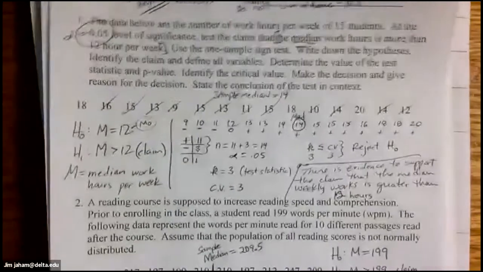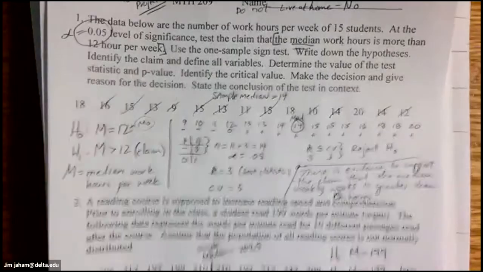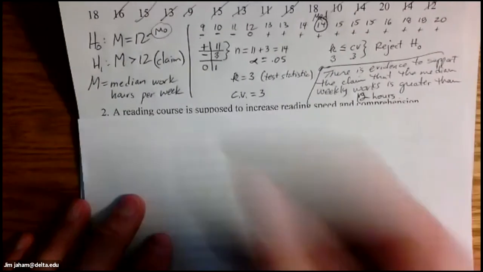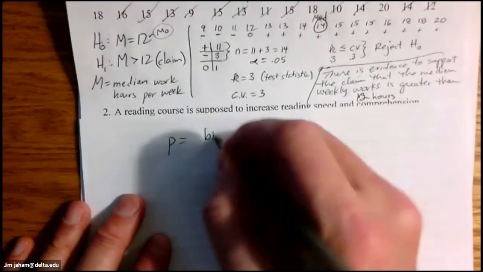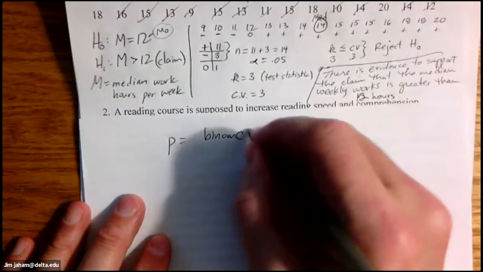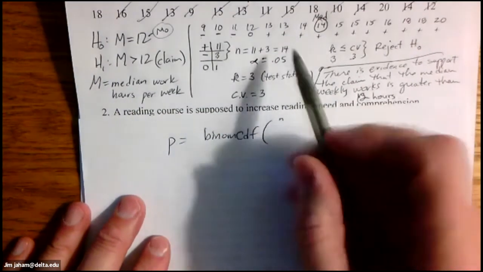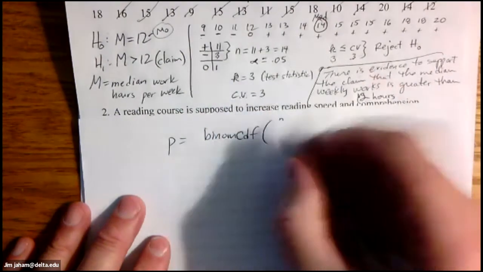Oh, one thing I didn't do is I didn't calculate the p-value in these. Okay, so in the first one, the p-value is binomial CDF. You've got the n value, which is 14.